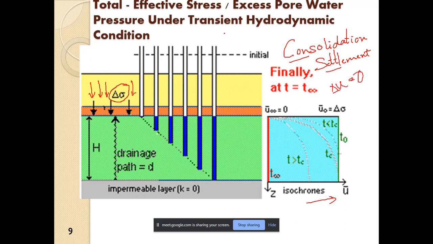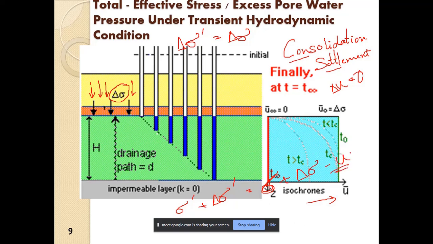So now the effective stress is increased, so we will have a delta sigma dash which is equal to the delta sigma applied on the soil. So the total effective stress now is sigma dash plus delta sigma dash, equal to sigma plus delta sigma minus U.